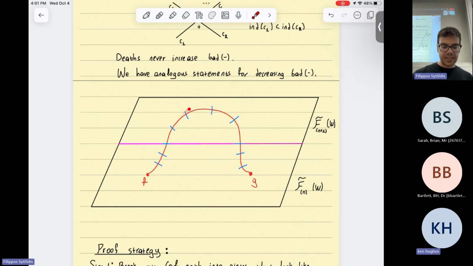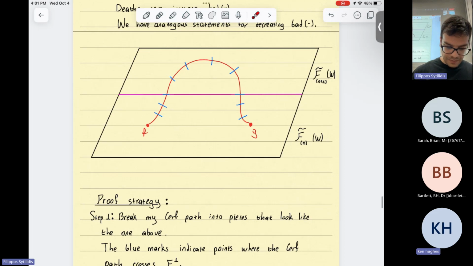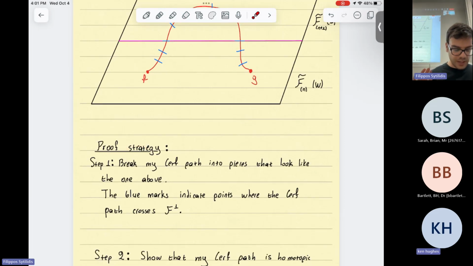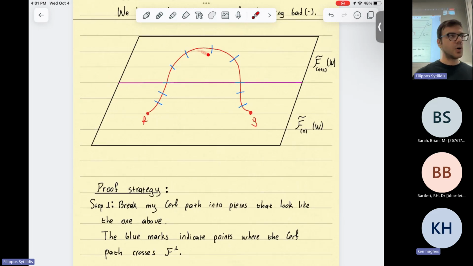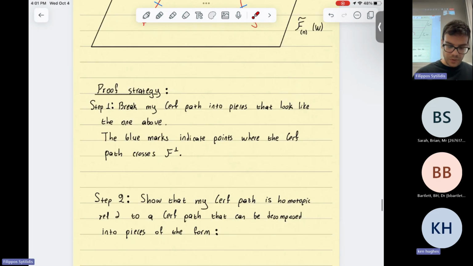If I tell you how to deal with all situations like this, then I've told you how to deal with all the ways I can concatenate them together. Is that clear? So this is step one. I break my surf path into pieces that look like the one above. A general path as indicated by the lemma might be a concatenation of these things. That's fine. The blue marks indicate points where the surf path crosses F1.